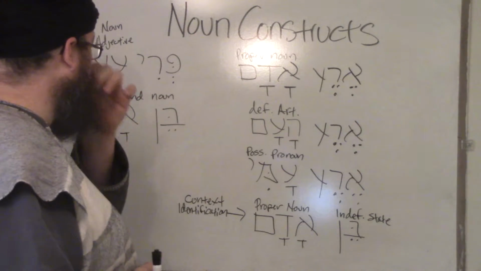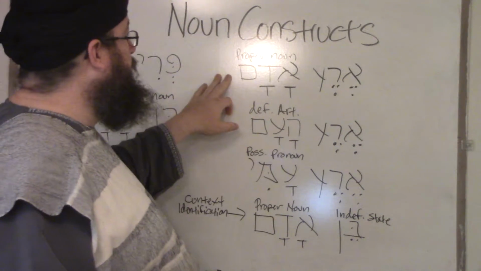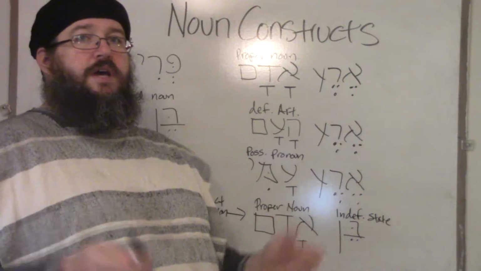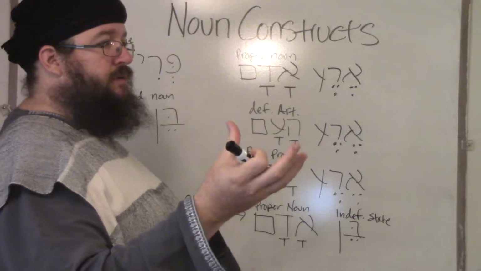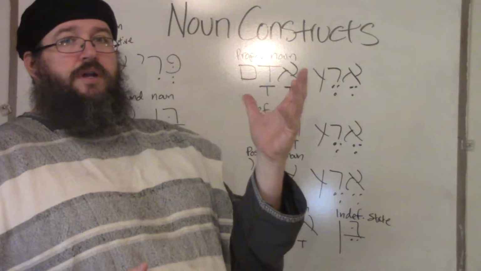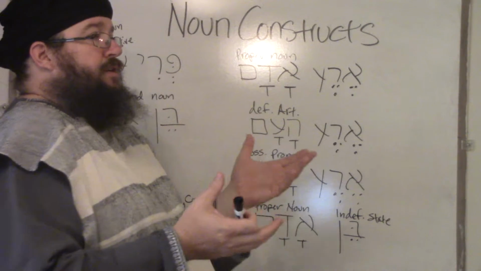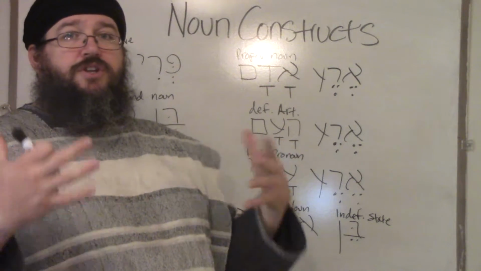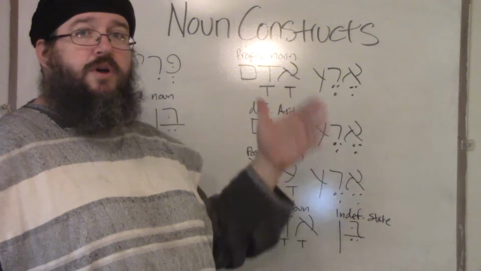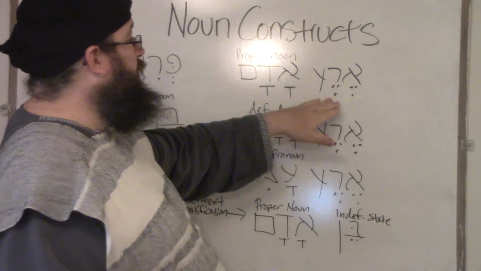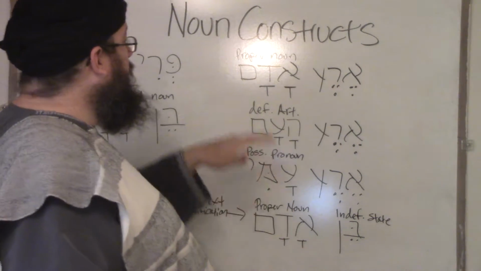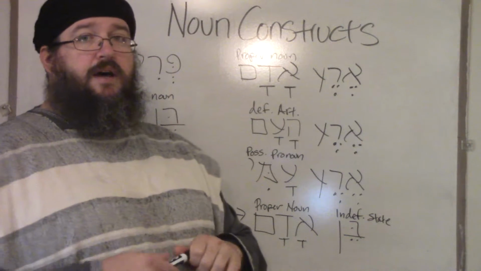Okay? So the first one we're going to look at here is the noun construct. What is a noun construct first and foremost? You're taking one noun and you're putting it next to another noun, and that other noun has some kind of relationship or association to the first noun. For example, the word eretz, land. And here we have a proper noun, Adam.